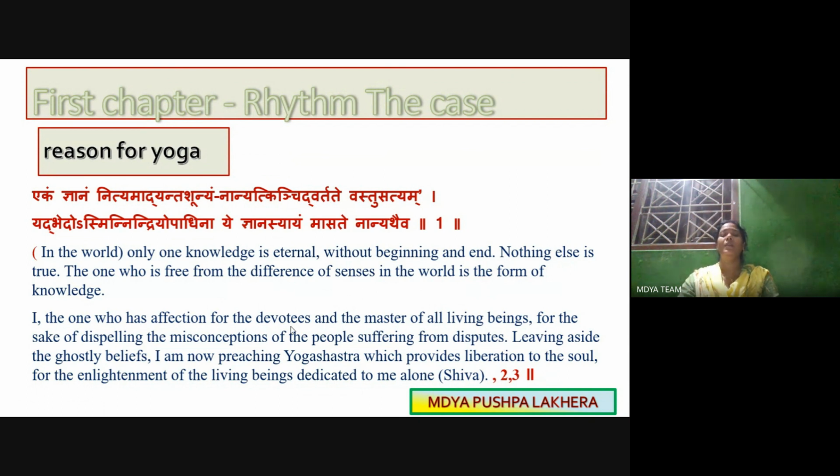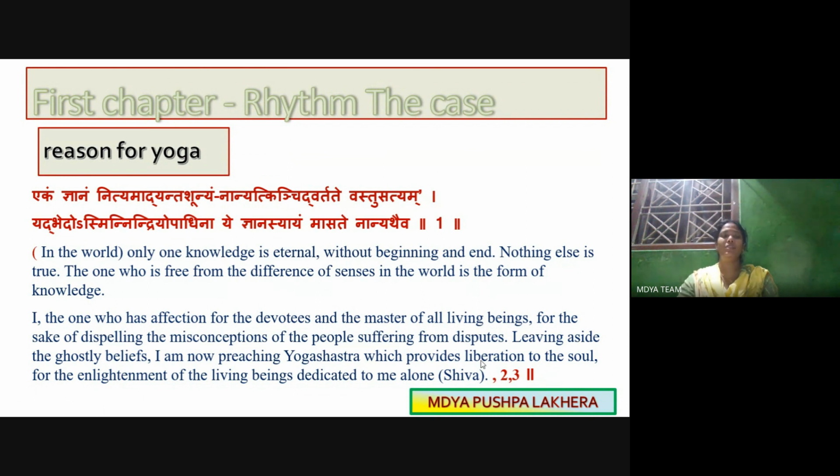But here, again, Lord Shiva is telling: I am the one who has affection for the devotees, because I love them, and I am the master of all living beings. For the sake of dispelling the misconception of the people suffering from disputes, meaning the different matas, the different opinions that are there, I clarify what you need to follow.